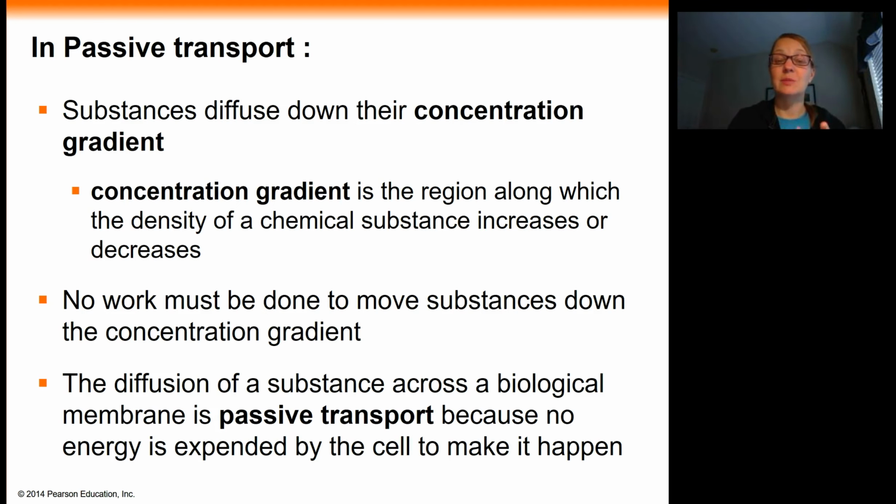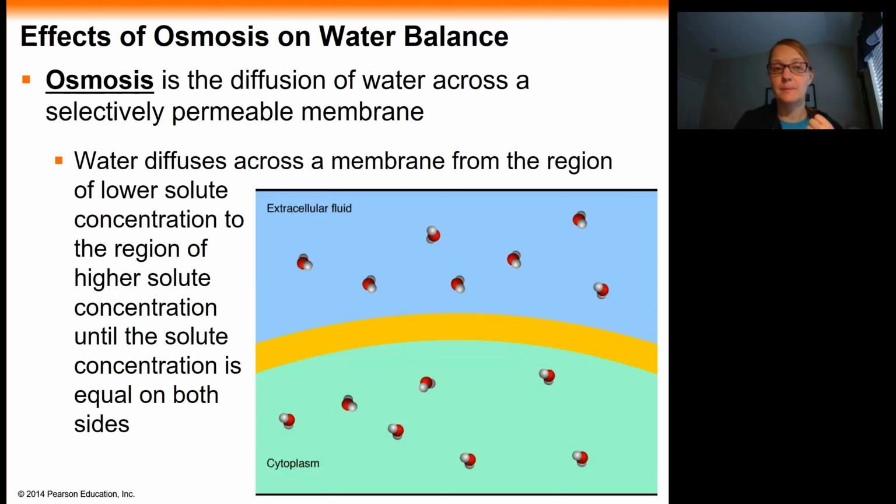So we call this type of transport passive transport. For passive transport, two criteria must be met. Number one, the substance is moving down its concentration gradient as it passes across the membrane. And number two, the cell does not need to exert any energy on its part to get those substances to move. That's passive transport.